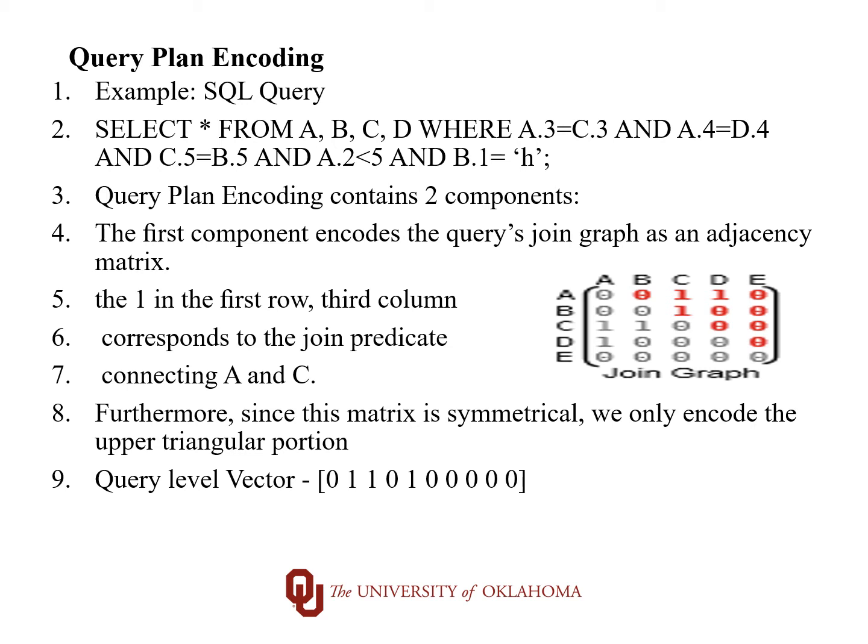Here, if you see the join graph, the 1 in the first row, third column corresponds to the join predicate connecting A and C. Furthermore, since this matrix is symmetrical, we will only encode the upper triangular portion. By taking the upper triangular portion, we get the query level vector as the following one.